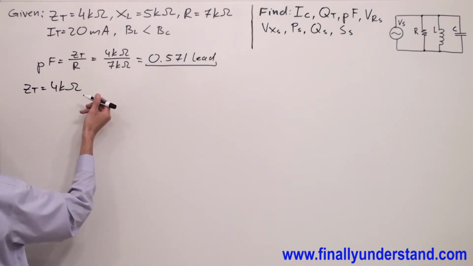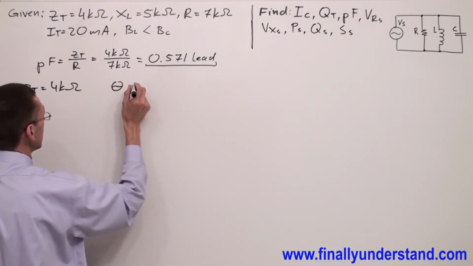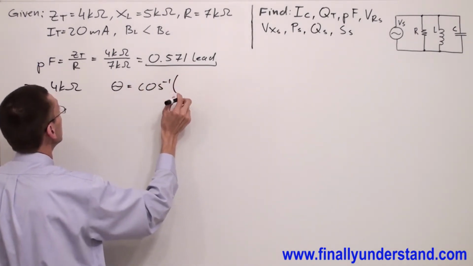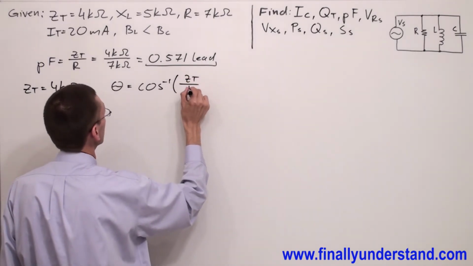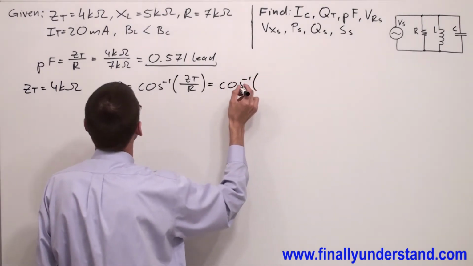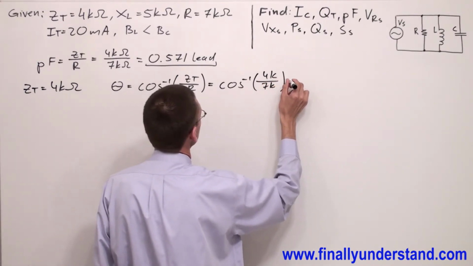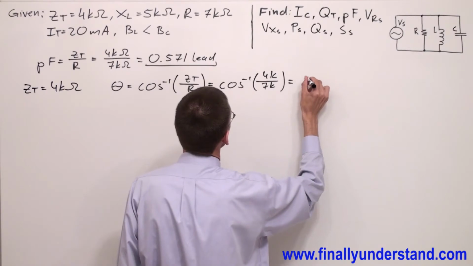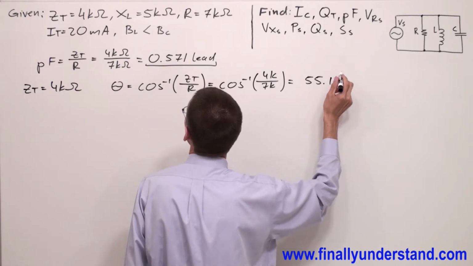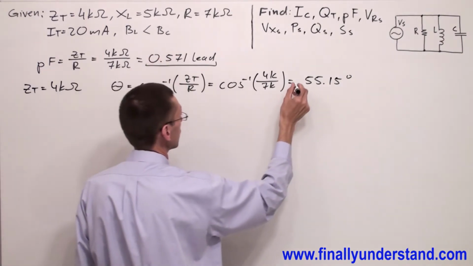So in order to find the angle, I'm going to write the formula which says angle theta is equal to inverse cosine of Z total over R. This is equal to inverse cosine, Z total, one more time, 4 kilo over 7 kilo, which is equal to 55.15 degrees, and we said it has to be negative because BC is greater than BL.